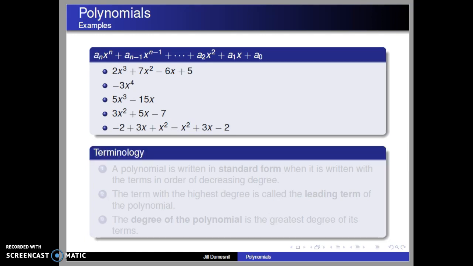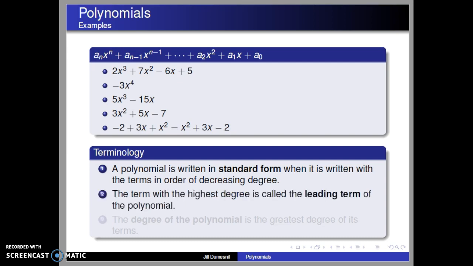Knowing some terminology is especially helpful when discussing polynomials. A polynomial is written in standard form when it is written with the terms in order of decreasing degree. The term with the highest degree is called the leading term of the polynomial, even when the polynomial is not written in standard form.